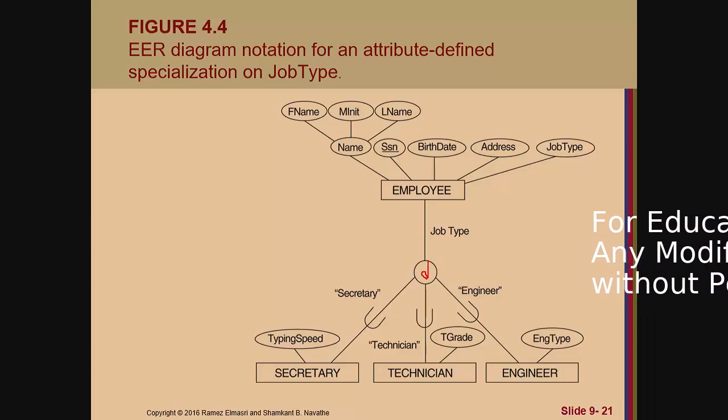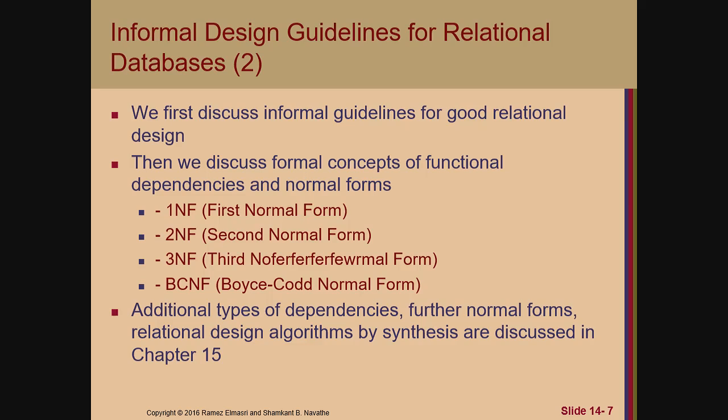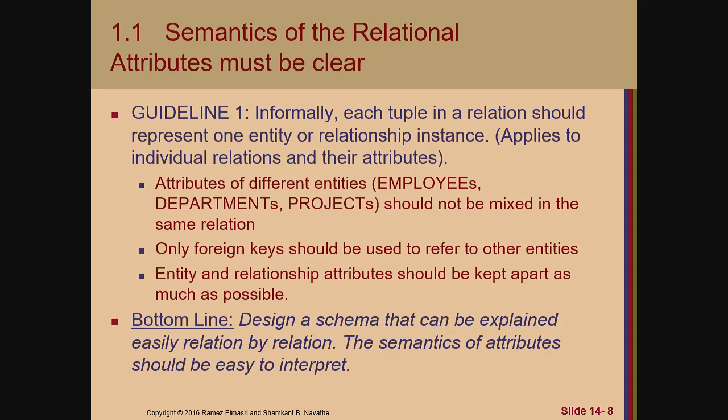Okay, so now is slide number 9. It should not be a partial key. You have to depend on the whole key. And the third normal form concept is transitive relation.